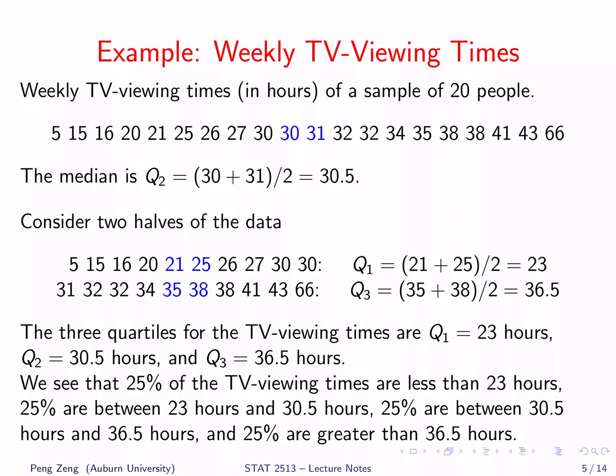Therefore, 25% of the TV viewing times are less than 23 hours. 25% are between 23 hours and 30.5 hours. 25% are between 30.5 hours and 36.5 hours. The remaining 25% are larger than 36.5 hours.